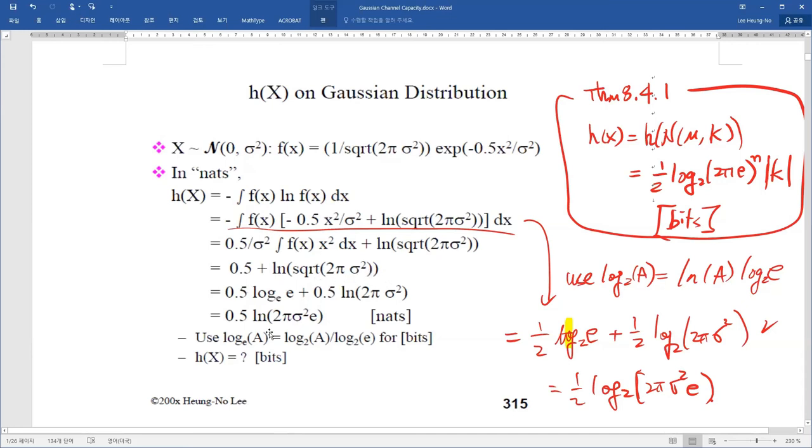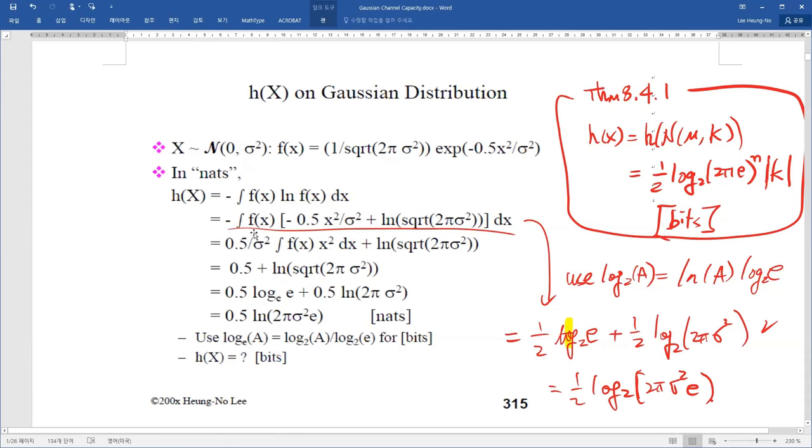When we put them together, we have half log of 2 pi e sigma squared. And when we do this again with log base 2, we just change this to log 2.